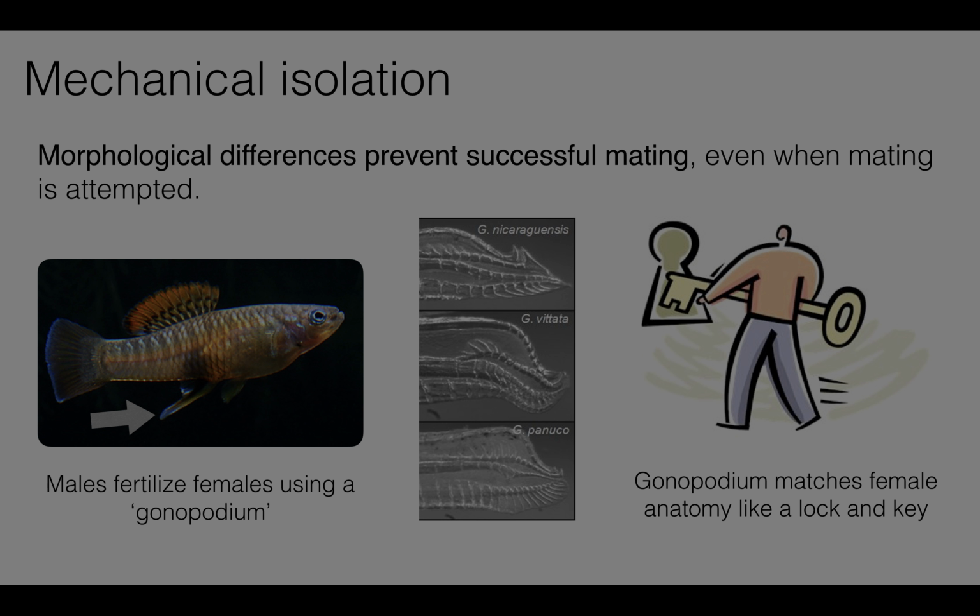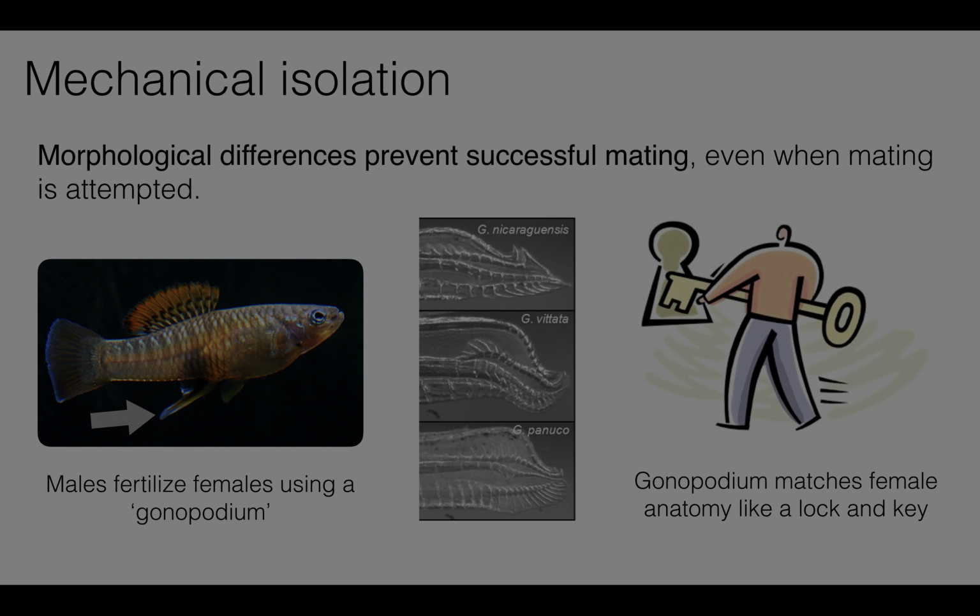Mechanical isolation is another one that you might have thought of, and this is the idea that there could be morphological differences that prevent successful mating even when they try to mate, even when none of those other barriers prevent them from trying to mate with each other. You might have a mismatch in physiology and the physical characteristics of those individuals.